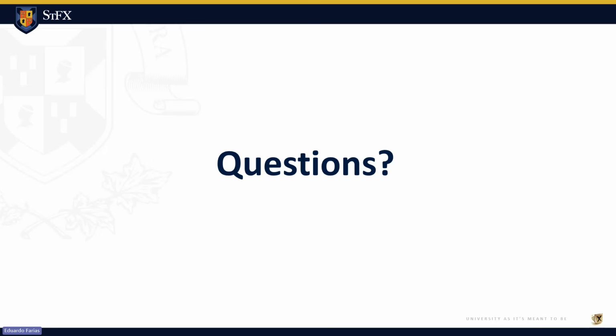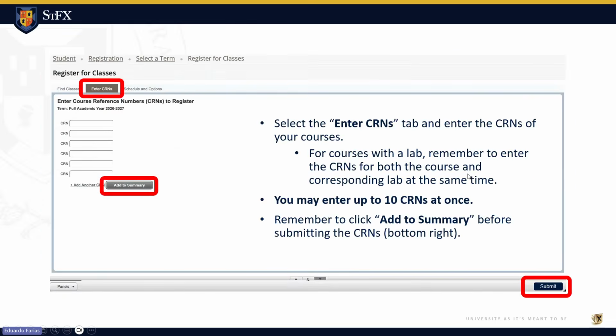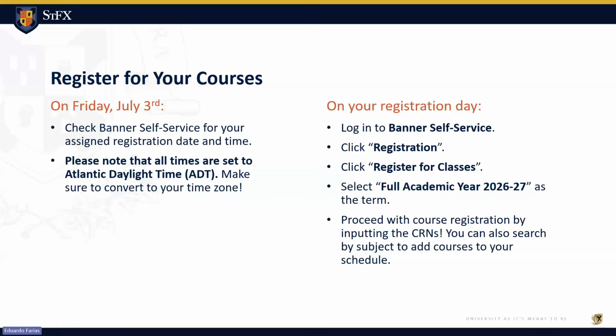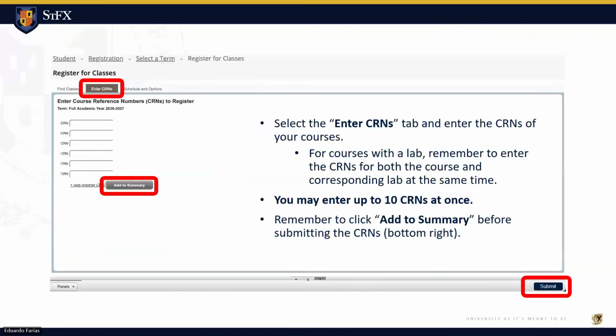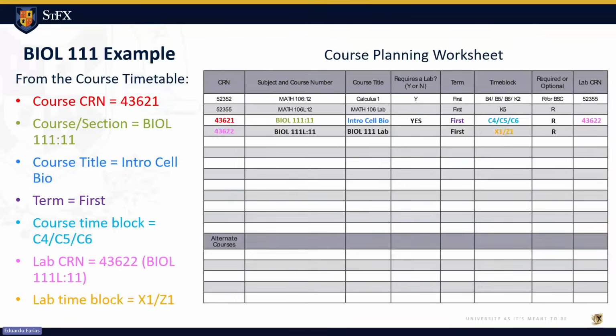Okay, so here's a question. Where will I get the email telling me the time that I can register? Okay, so you won't get an email. Tomorrow at noon, Atlantic time, the actual times of registration are going to be open.